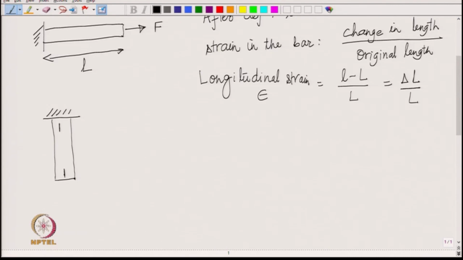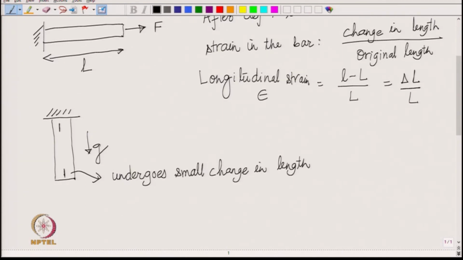Okay. So, this is a vertical bar and gravity is acting this way. So, if you measure the change in length of these two line elements, you will see that the lower line element undergoes small change in length, whereas this top one undergoes large change in length.